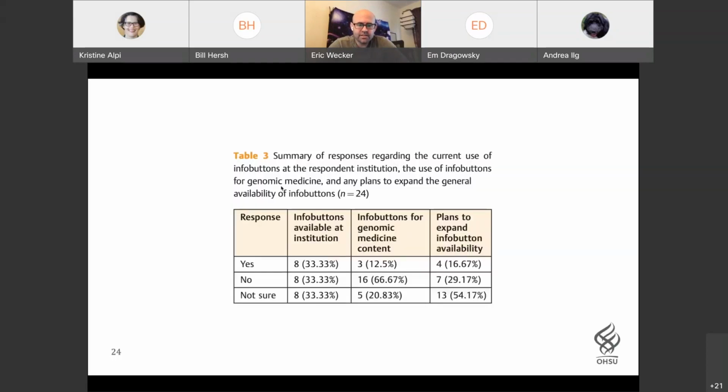And as you can see, 8 respondents said that there were Infobuttons available at their institution. That's a third. And then 3 of them use it for genomic medicine.